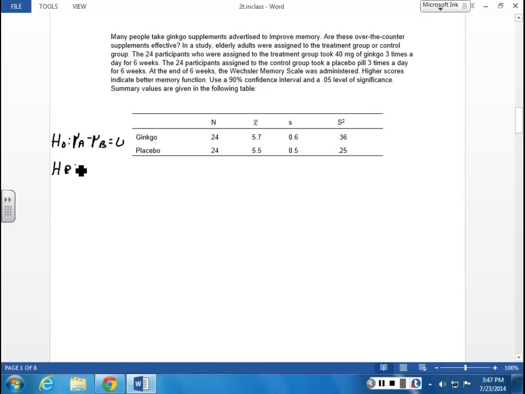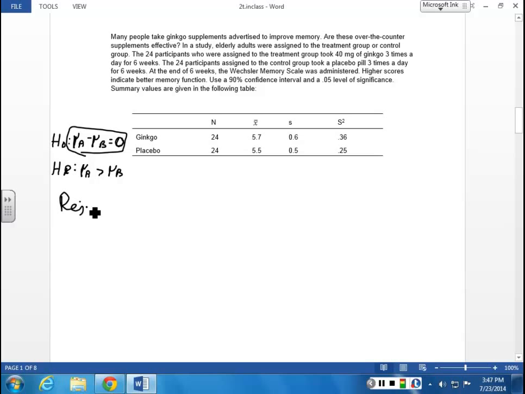HA: mu A greater than mu B. Of course, I could have put mu A minus mu B greater than 0. You'll see when we do this part that it really is convenient to have the null hypothesis stated in this way rather than mu A equal to mu B.